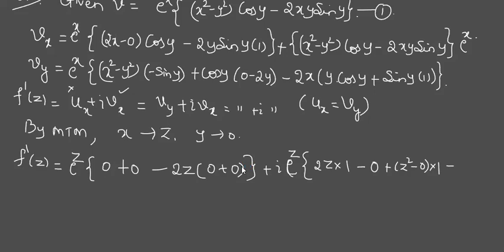It will be 0. Am I right? Yes, it is multiplied with y, so 0. See, tell me entirely. This is a very lengthy expression, but ultimately what is remaining?